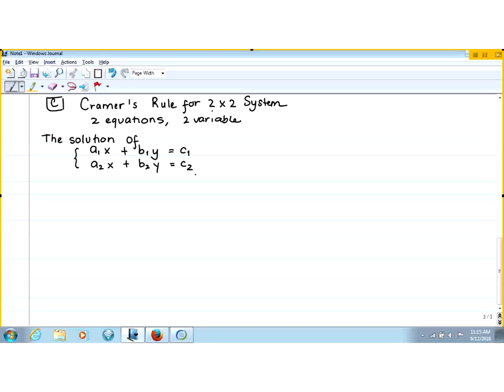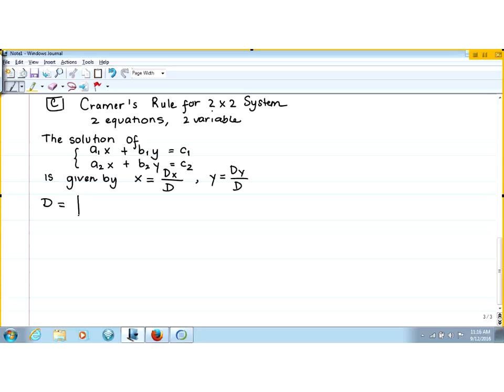And of course, in the beginning, we will start with A, B, and C. It is given by x is equal to d sub x over d. Y is equal to d sub y over d. I haven't written down what d sub x and d sub y are, so I'm going to do it now.